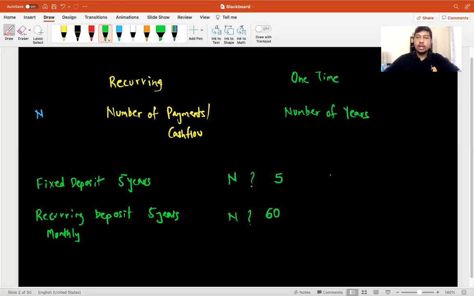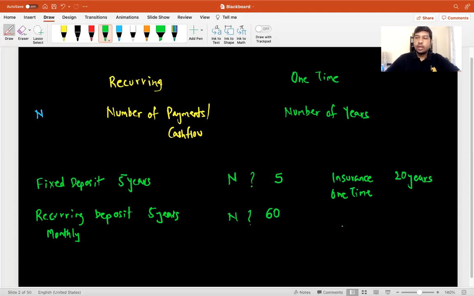Okay. Again, let me give you one more example and tell me what will be your answer. Let's say you are investing in an insurance policy, and it's a one-time payment. And this is for a period of 20 years.